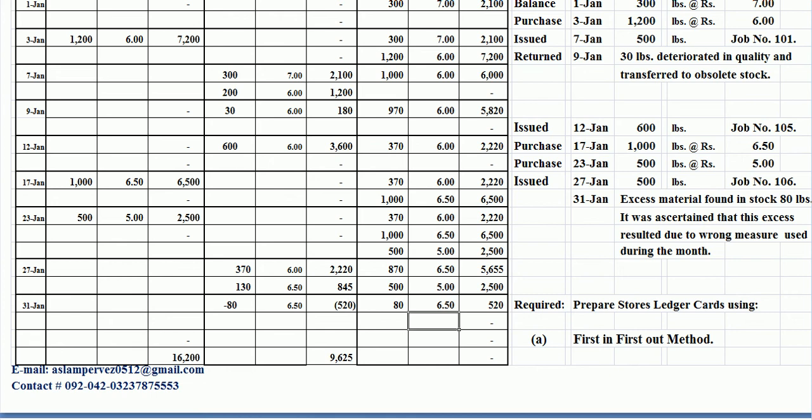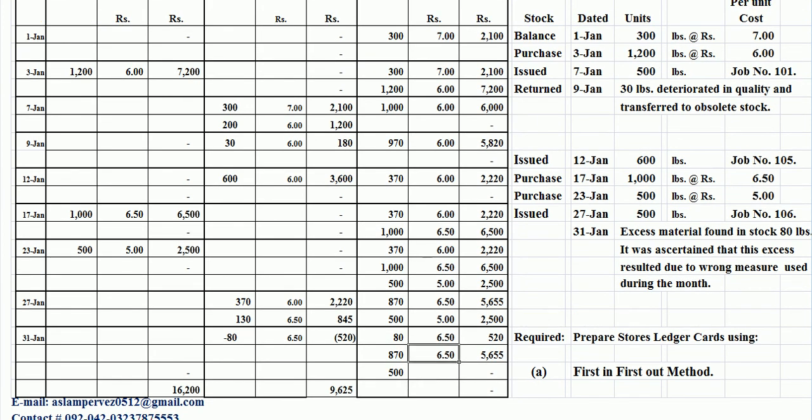We assume this material is returned from production to the storeroom to equalize our inventory card. Now 870 is at 6.5 and 500, the last lot, is at the rate of 5. Students, this is the way to manage our inventory card 100% accurately.